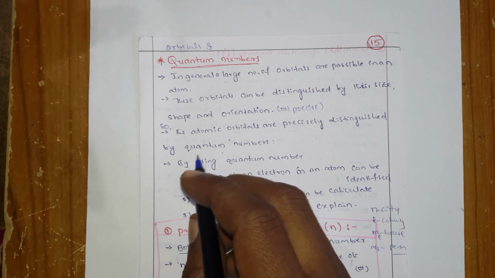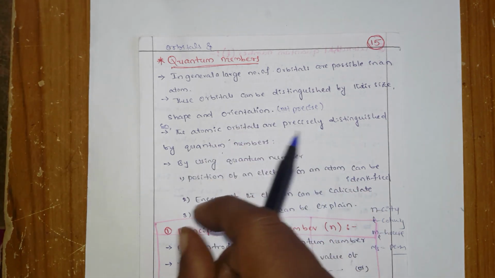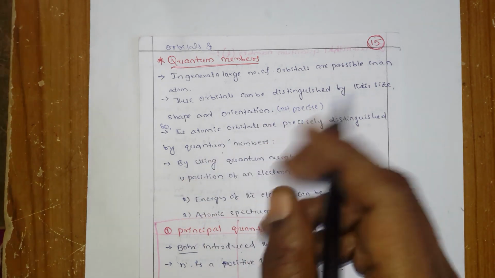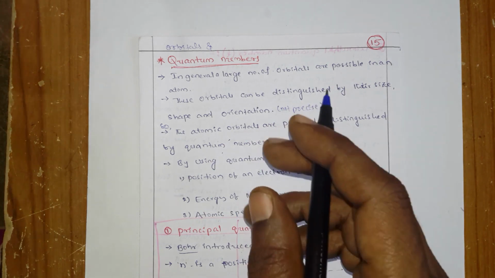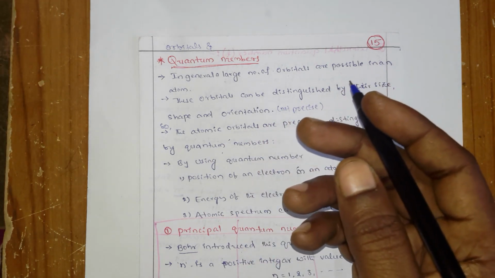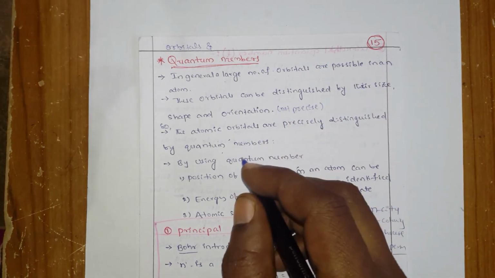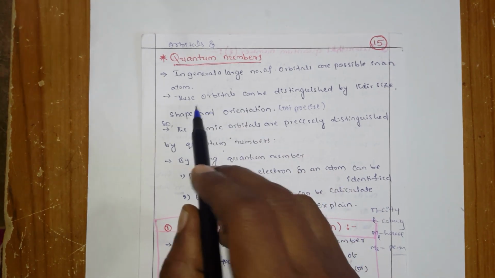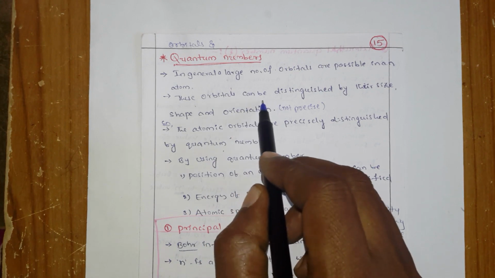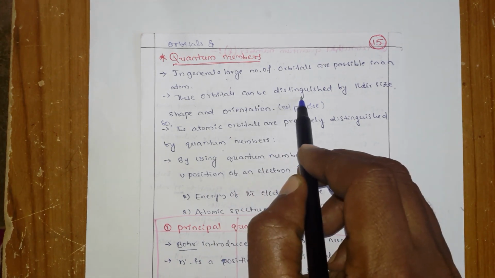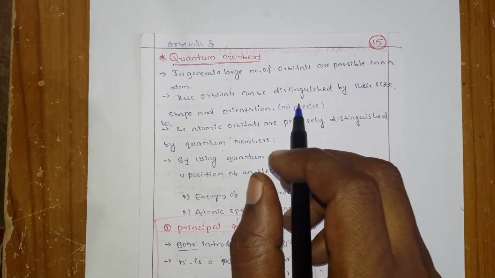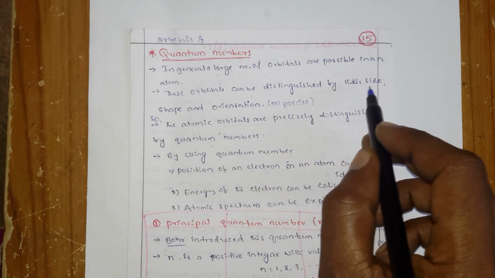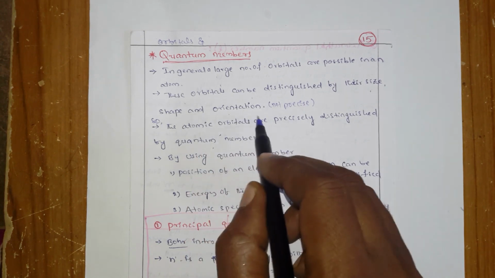How do you tell these apart precisely? If you don't know anything, how will you tell what that orbital is? So orbitals were initially distinguished, classified, or ordered by their size, shape and orientations.